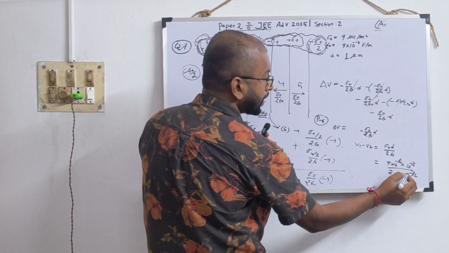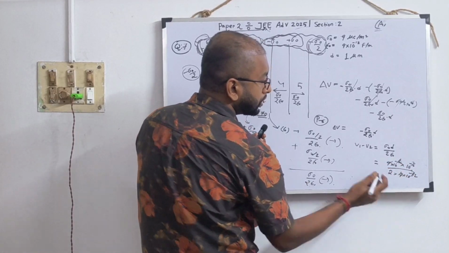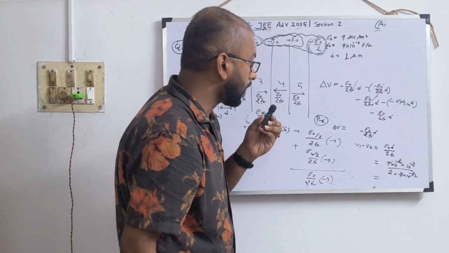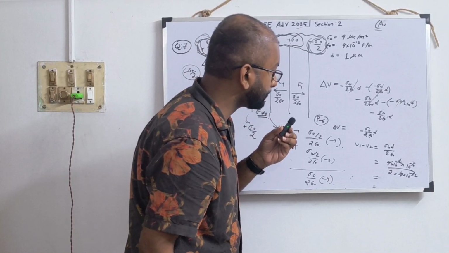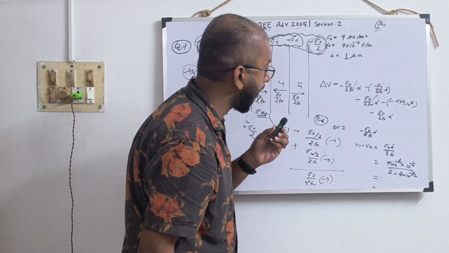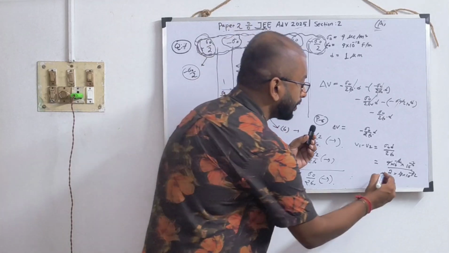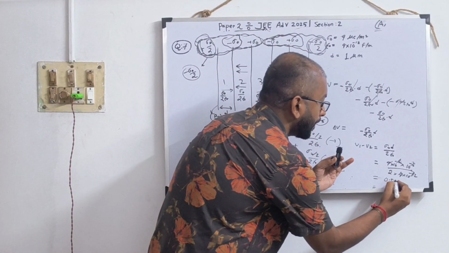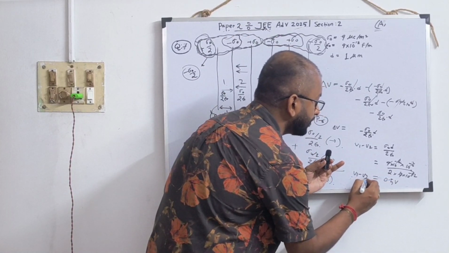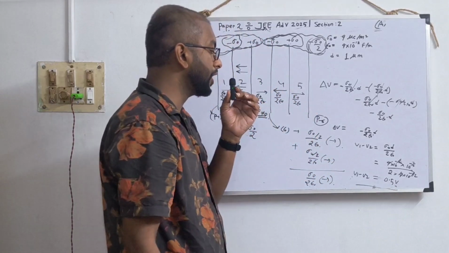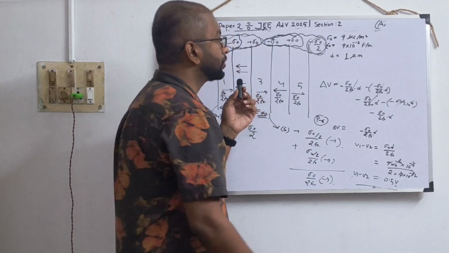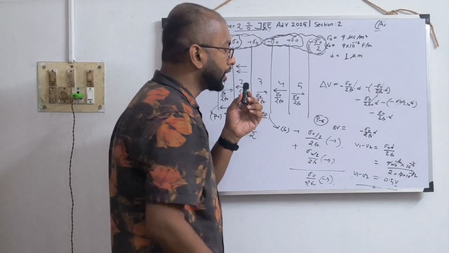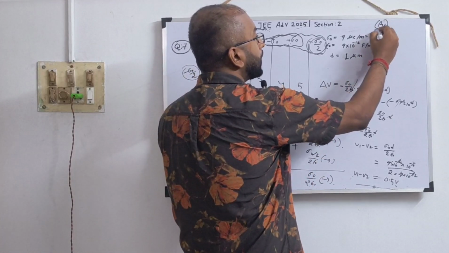So the 9 is cancelling out, and it is becoming 0.5 volt. So V1 minus V2 is becoming 0.5 volt, but the option says that V1 minus V2 is 0 volt. So option D is also not correct. So the only correct option is option A.